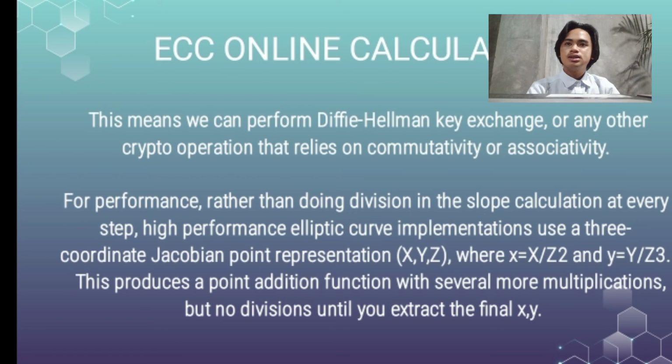For performance, rather than doing division in the slope calculation at every step, high-performance elliptic curve implementations use three-coordinate Jacobian point representations x, y, z, where x equals X divided by z squared and y equals Y divided by z cubed. This produces a point addition function with several more multiplications but no divisions until you extract the final x, y.